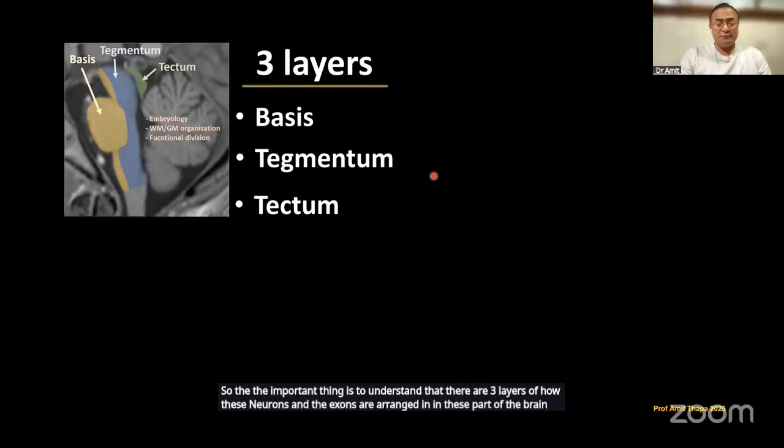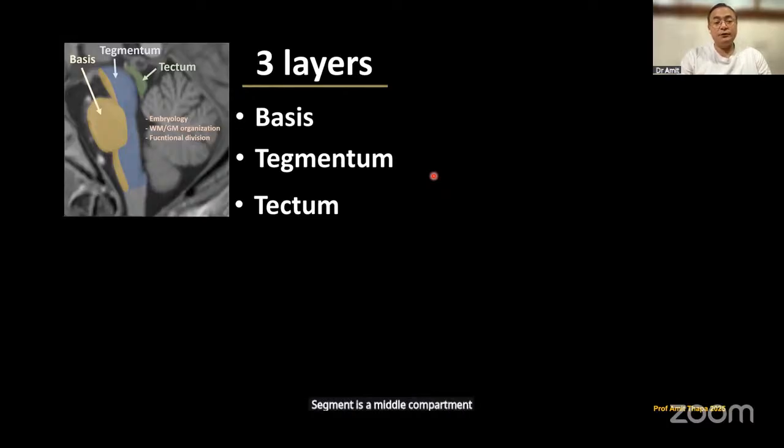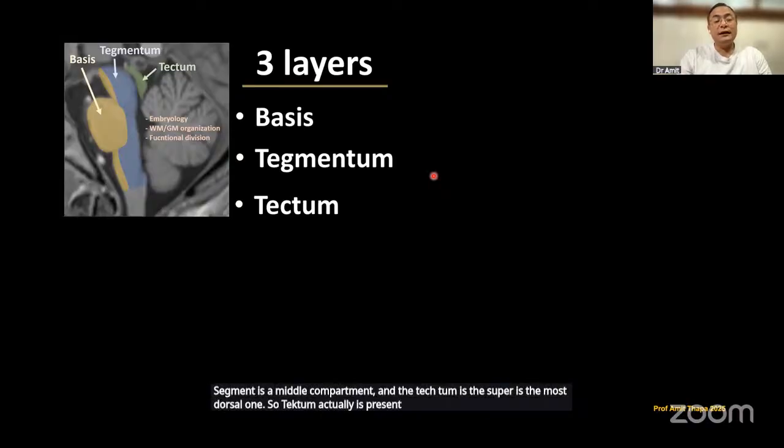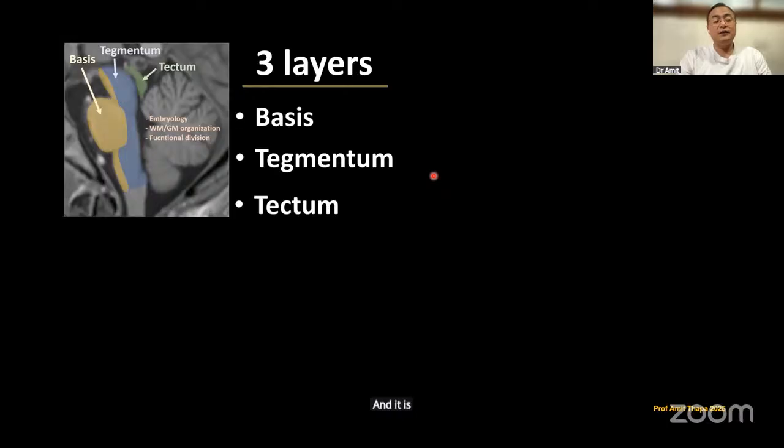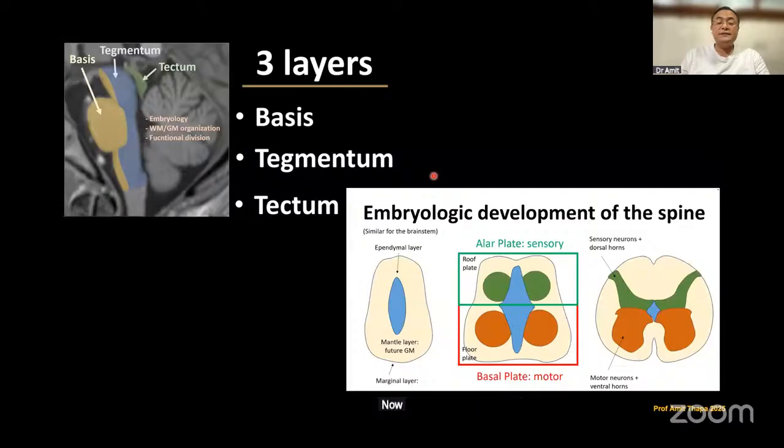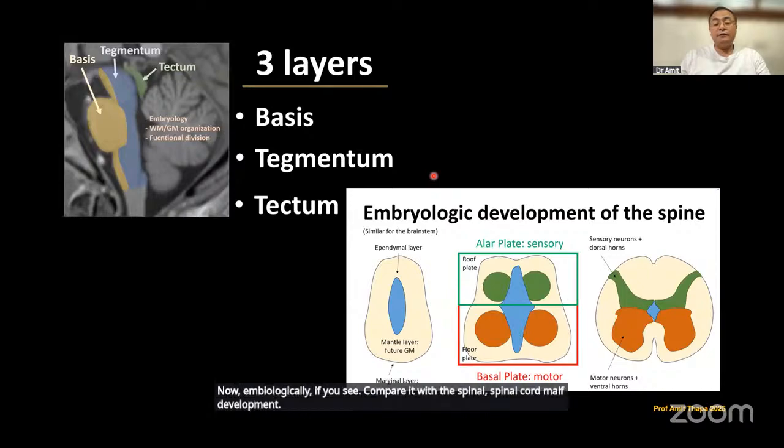One is the basis, which is the ventral aspect. Tegmentum is the middle compartment, and the tectum is the most dorsal one. The tectum is present only in the midbrain, and it is deficient in the pons as well as in the medulla.